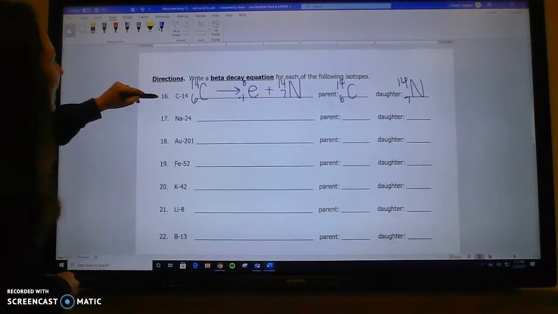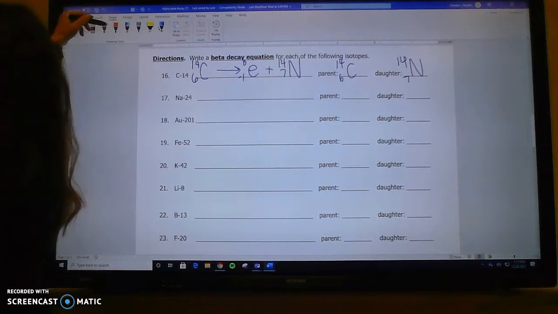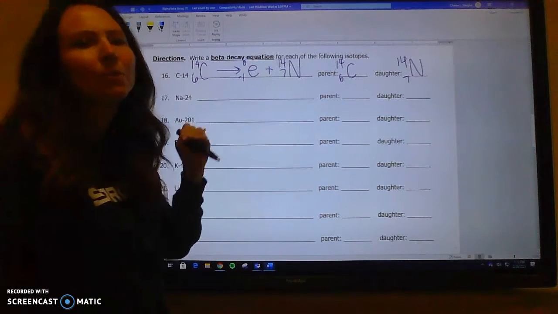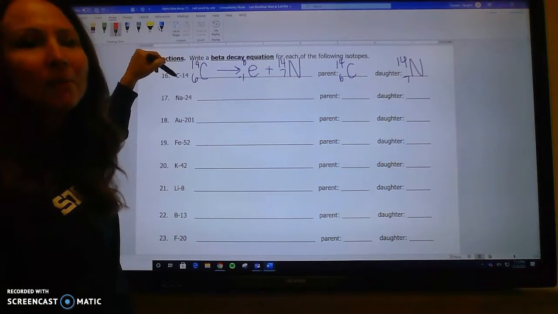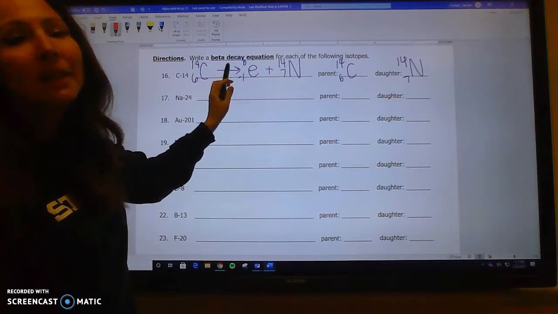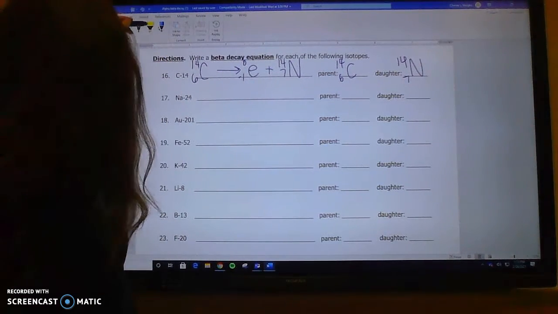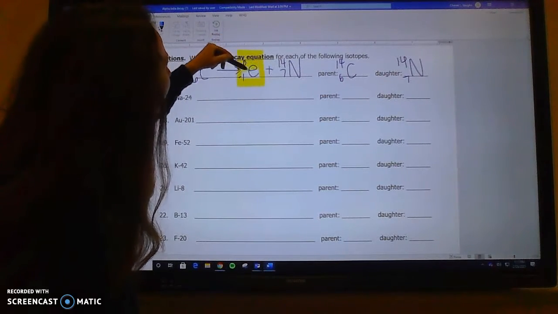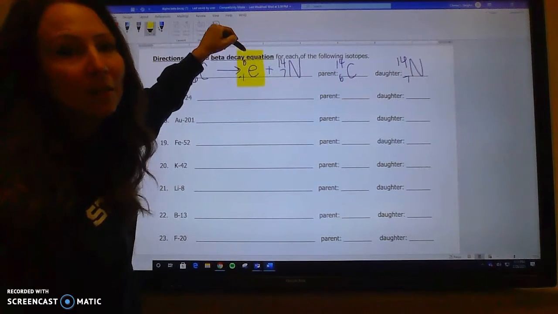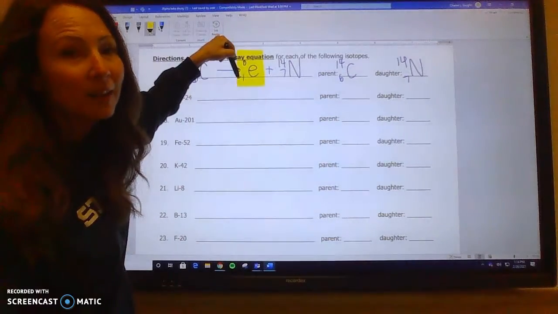Now we're going to look at beta reactions, and I kind of already have one up here, but that's fine. We'll do another. So in a beta reaction, they're going to give you the same information and set it up the same way, except you have to use a beta particle. And a beta particle looks like an electron with a 0 and a -1.